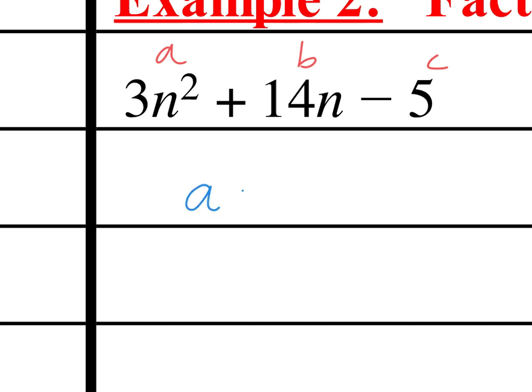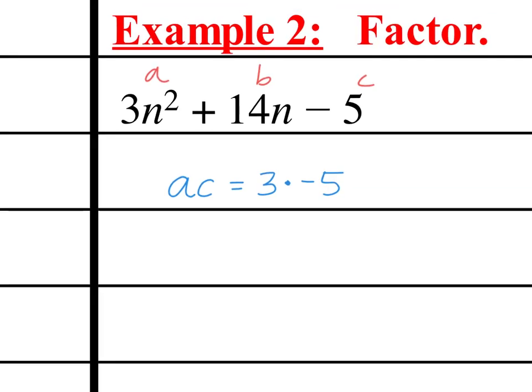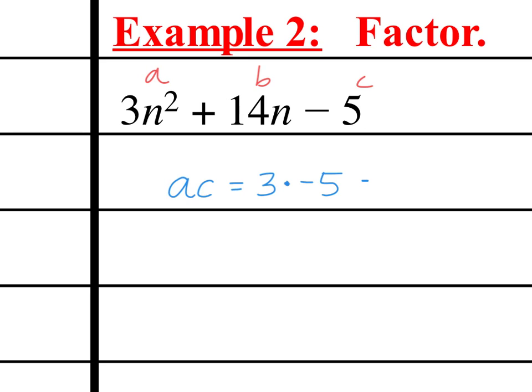A C is 3 times negative 5, which is negative 15. What about the variable? We are just doing the numbers in front. So when I say A and C, I'm just talking about the coefficients. Ignore the variables. Okay, so that is your A times C. Next step.